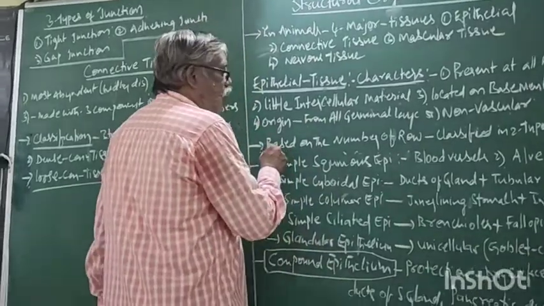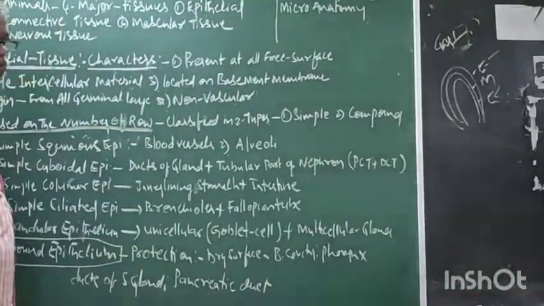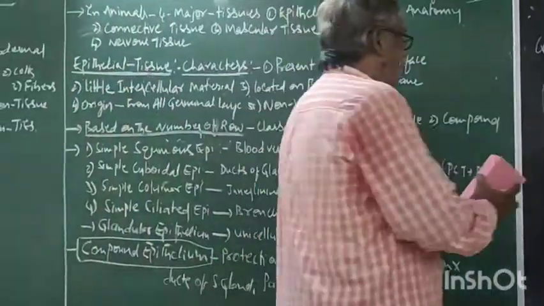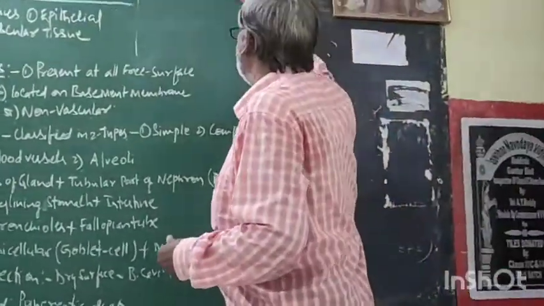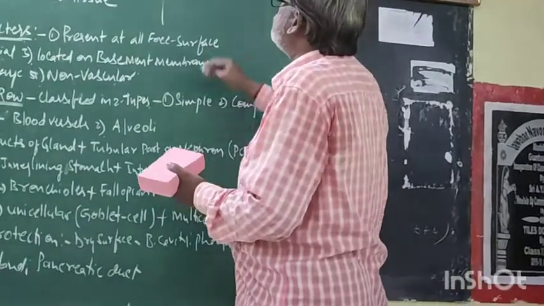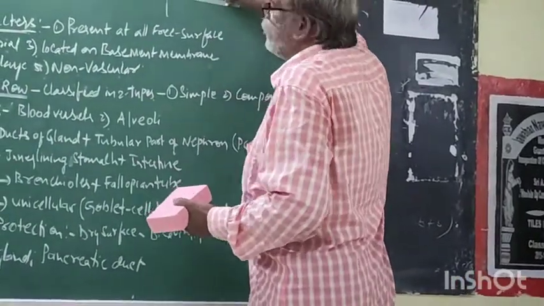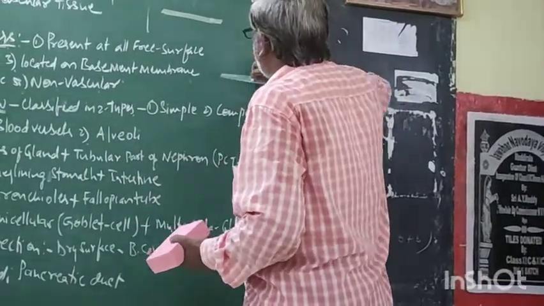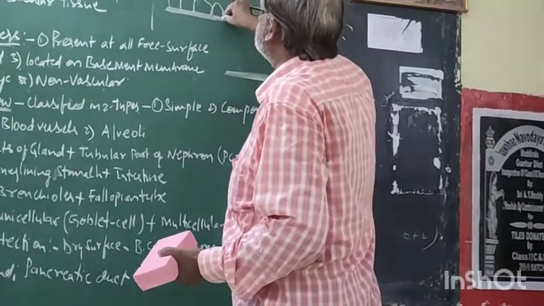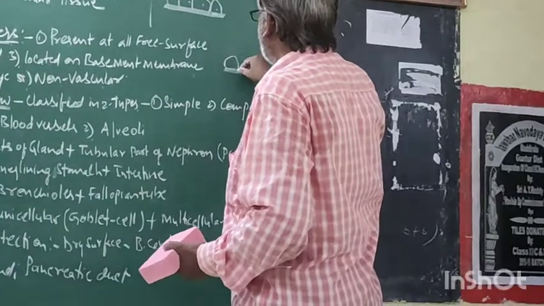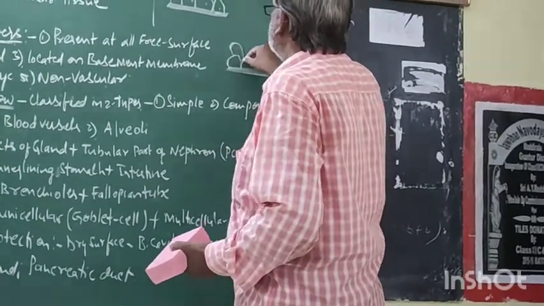Now based on the number of rows. Suppose you see the diagram here. It is a basement membrane, and another basement membrane, and these are the epithelial cells.